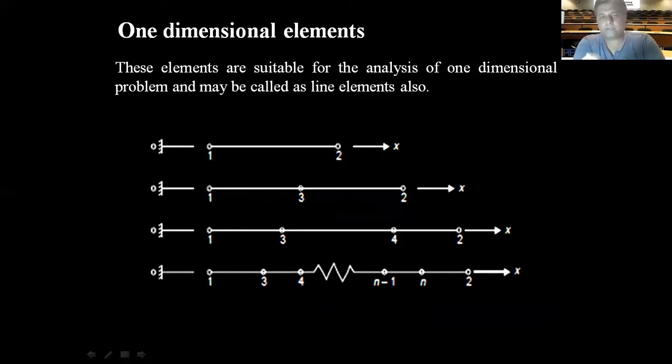Whenever you increase the number of nodes on the element, the property or the unknown variable will be defined on these selected points also, and it will also increase the accuracy of the analysis. So this is a typical example of linear elements.